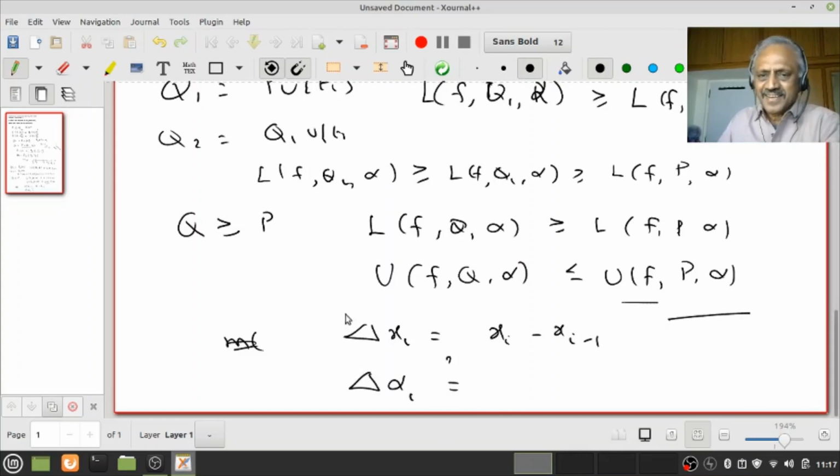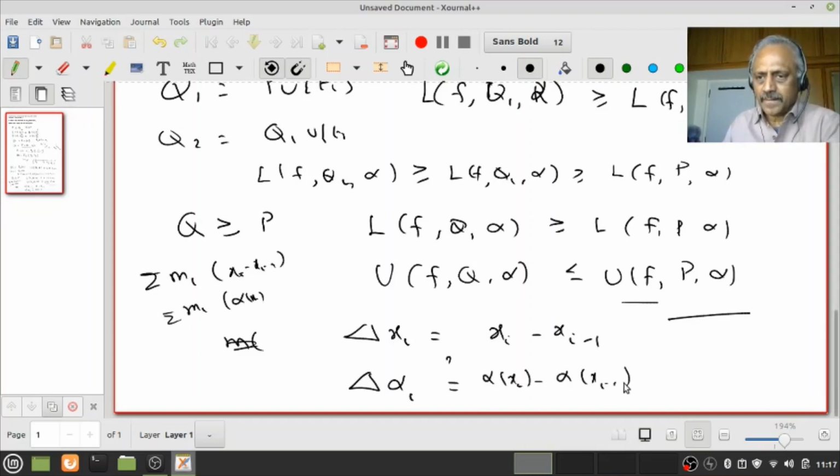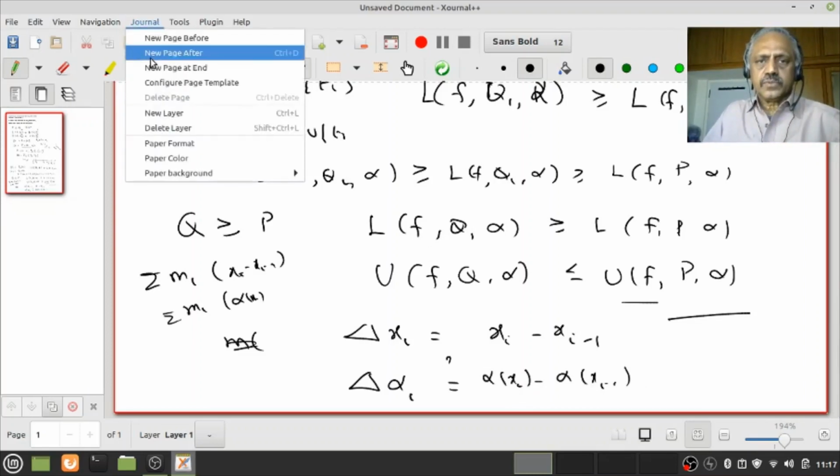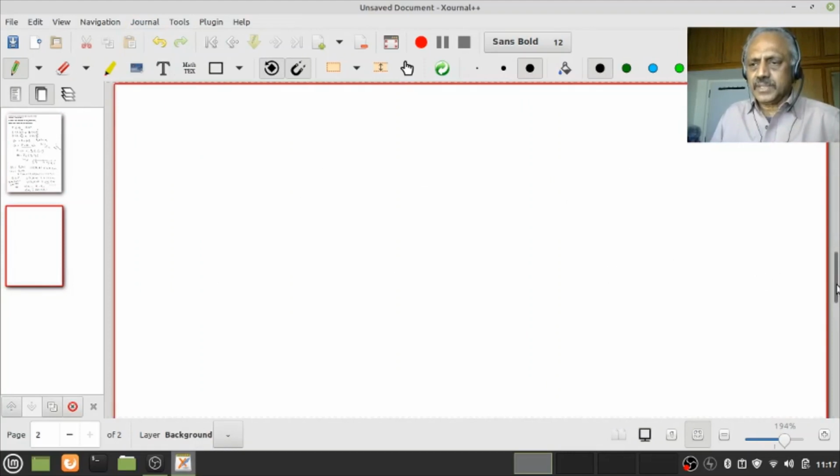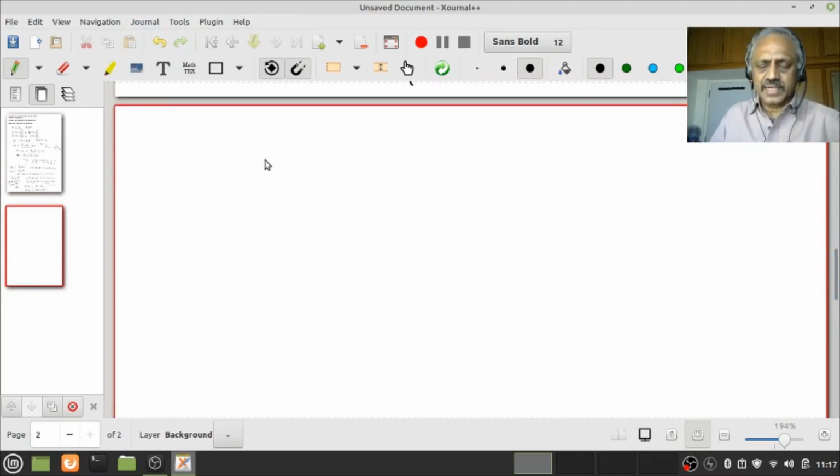In all the sums we have something like m_i times something. In the case of alpha it is alpha(x_i) minus alpha(x_{i-1}). This is a very standard notation, which I usually do not use, but since I am still using this interval, it may be easier.